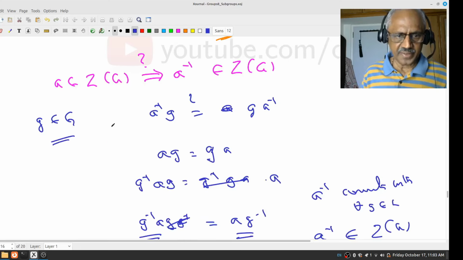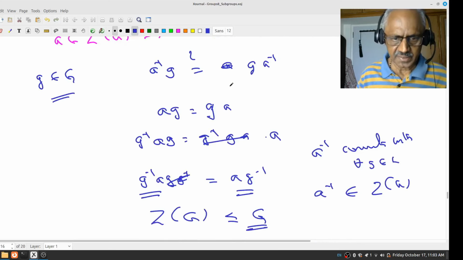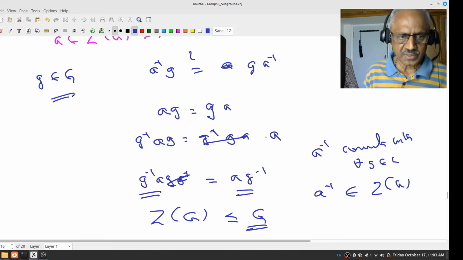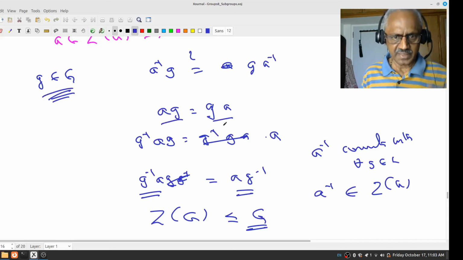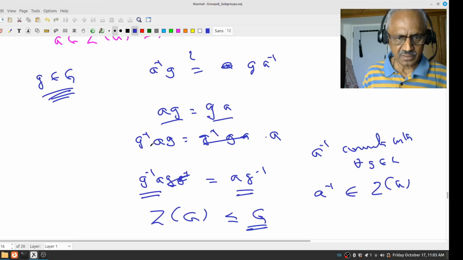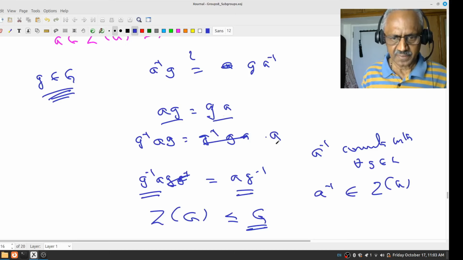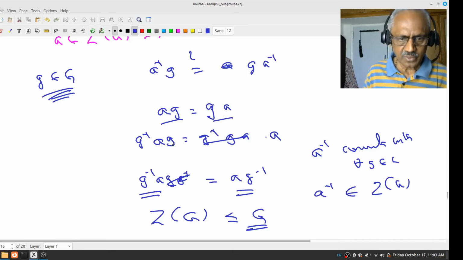And in the same way, when a belongs to the center, I want to know that a inverse also belongs to the center. Since a belongs to the center, for any given element g, ag is ga. This is exactly the earlier case. Multiply by g inverse on both sides: g inverse ag, that is g inverse g into a, associativity used. Therefore, it is identity times a, which is a. Now I want to get rid of this g, so multiply by g inverse on the right.